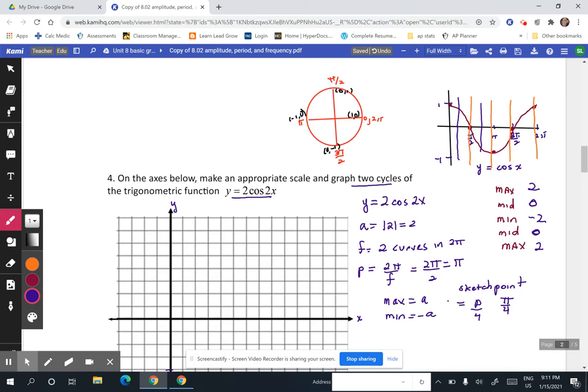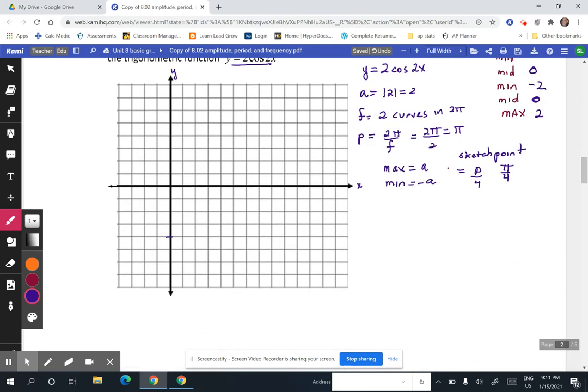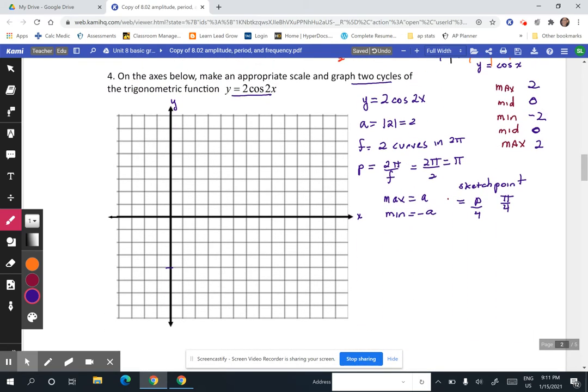So now let's set up our scale on our grid and graph it. Okay, so let me scroll up. Let me get out a different color pen. On our y-axis in the prior lesson, we said every 2 boxes was 1 unit. That still works in this case because I have enough room. Sometimes you have to change this if you have a large amplitude, but in this case, every 2 boxes still works.